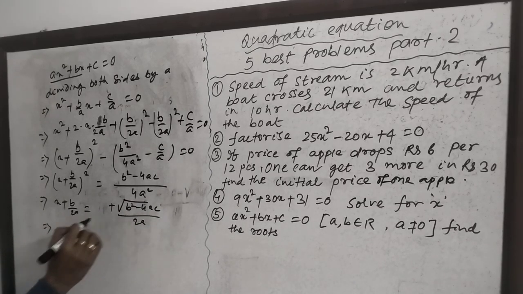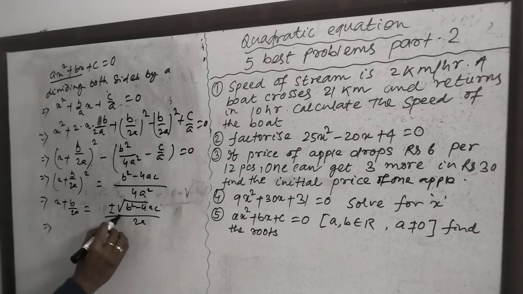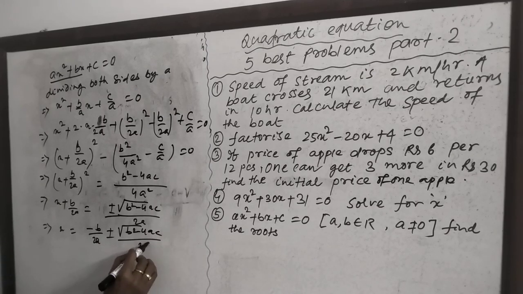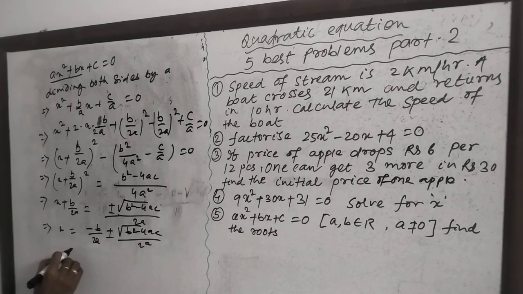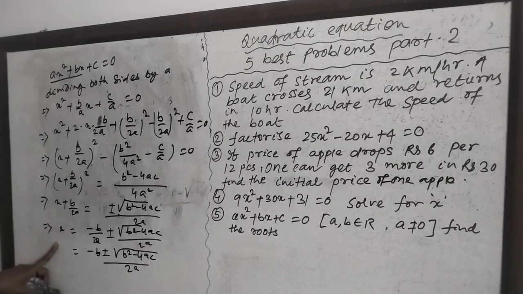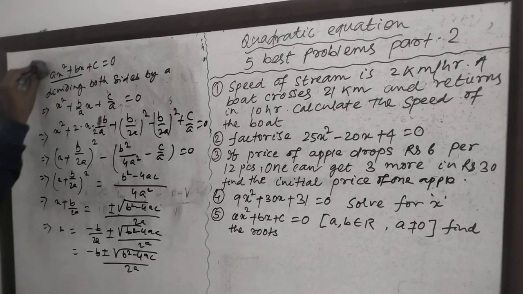Okay, x will be minus b by 2a plus or minus root over b square minus 4ac by 2a. That will be minus b plus or minus root over b square minus 4ac by 2a. Okay. The value of x will be minus b plus or minus root over b square minus 4ac by 2a. Okay, thank you.